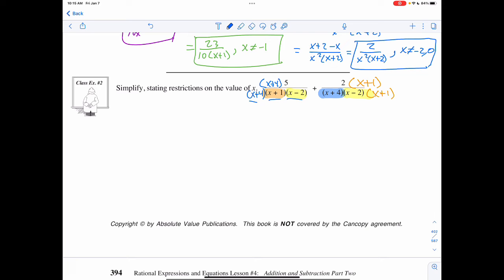So I'm going to take this and I'm going to say that it's going to be equivalent to 5x plus 4 plus 2 x plus 1 over all of the different factors, x plus 4, x plus 1, and x minus 2.